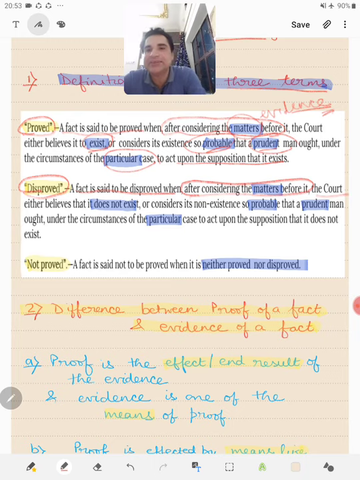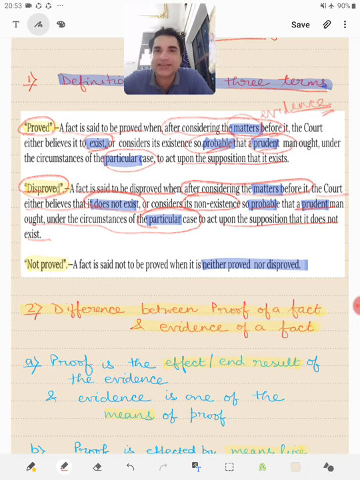The court either believes it does not exist or considers its non-existence so probable that a prudent man ought, under the circumstances of the particular case, to act upon the supposition that it does not exist. So, disproved means that anything, after consideration, produces a tendency in the mind that that particular thing does not exist.